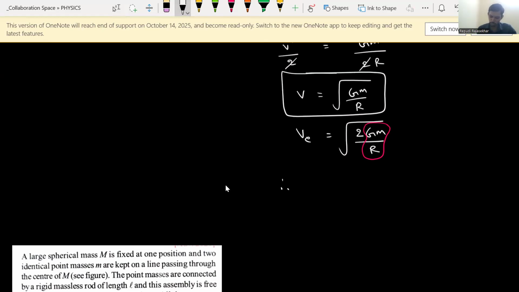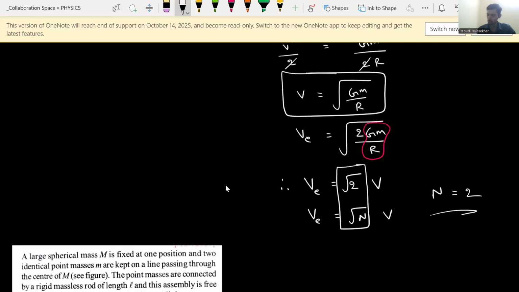Therefore escape velocity equals root 2 times the given velocity. In the question they are asking ve equals root n times v. Then what is the n value they are asking? Just compare these two, so that we can write the n value.